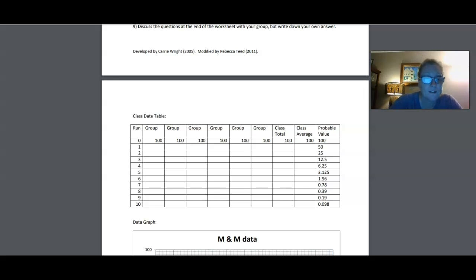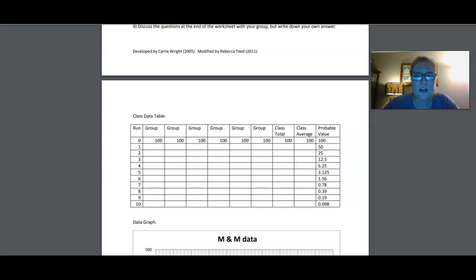So for each one of these over here, each run, that's one half-life. That's one half-life, that's two half-lives, that's three half-lives, that's four half-lives, all the way down. Now, some of you didn't end up going all the way to 10, and that's not a problem at all, right? It's not a big deal. You just entered 0, and then you're going to average that in. So it's not a problem at all.